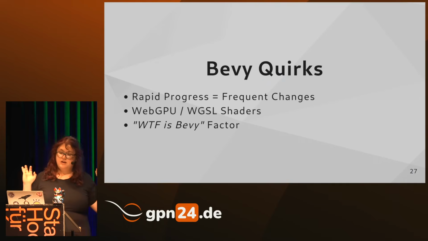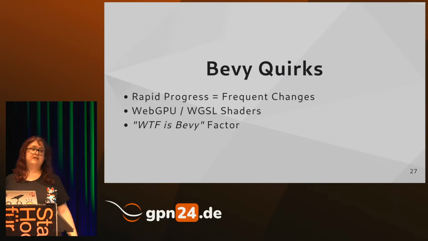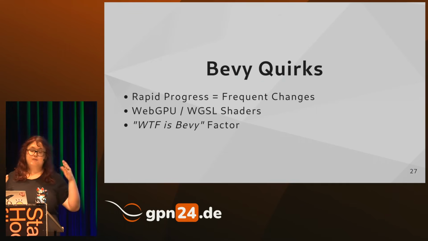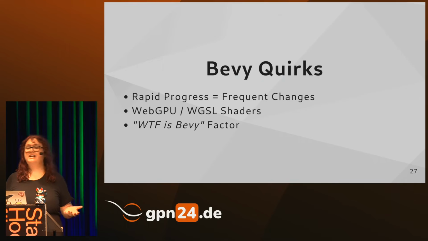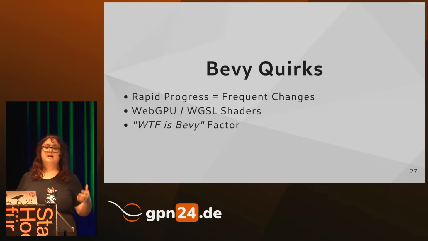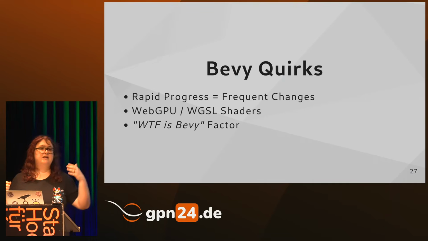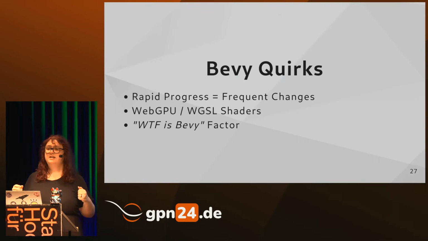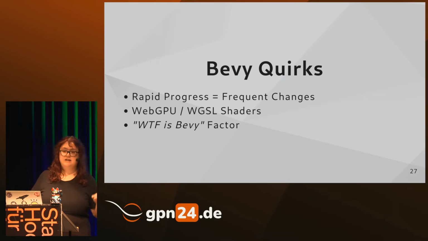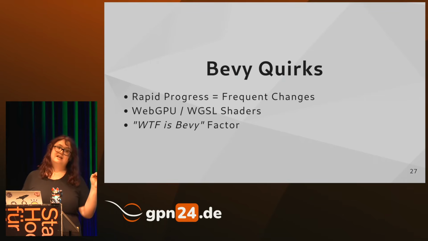So rapid progress equals frequent changes, meaning that once every 3 months, I need to take a week out, or maybe sometimes a little less, depending on how big the changes are, to update my version of Bevy. That means once in a while, I say, oh, this crate I was using, it hasn't been updated. I need to consider dropping it or not.